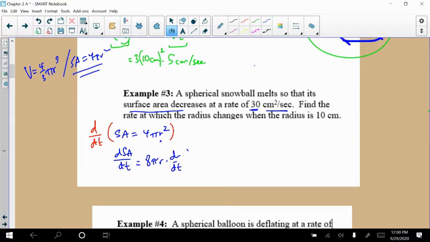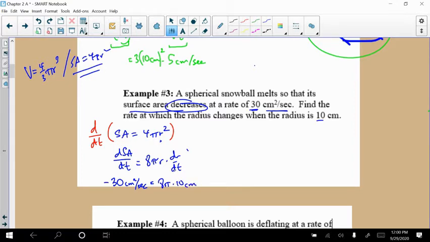That's the surface area. But I want to make sure I include that it's decreasing. If it's decreasing, you need that negative value. Equals 8 pi when the radius is exactly 10 centimeters.